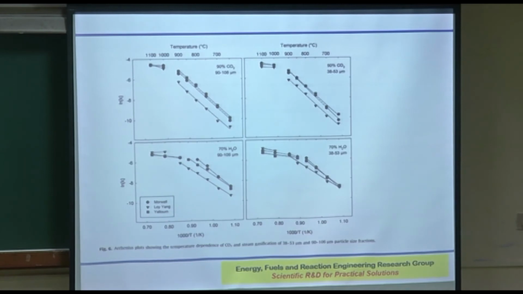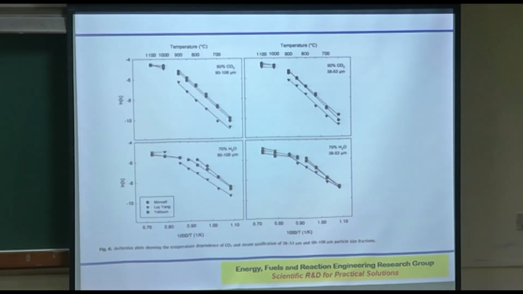So that's the kind of message that you can get, and she did it for different coals now. Before that we showed one coal for different particle sizes with different CO2 concentration and different steam concentration, etc. And for different coals, the chars from the different coals are not very much different, at least in our case, for our type of coals.